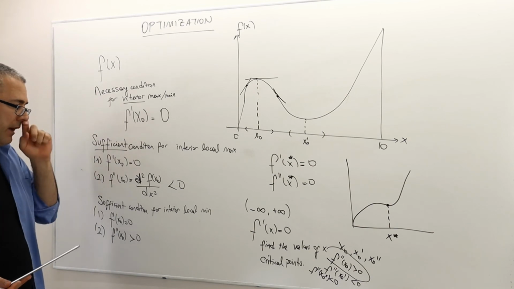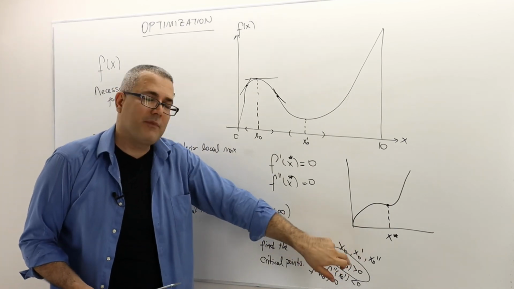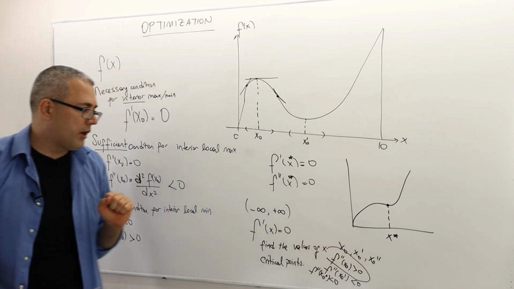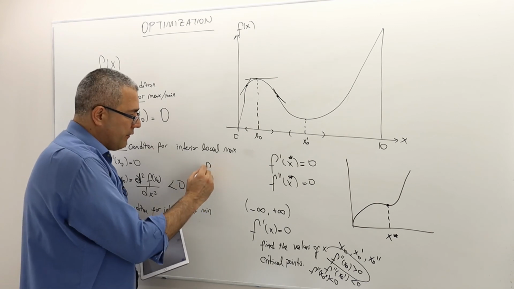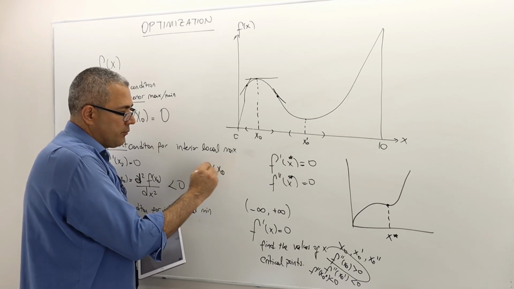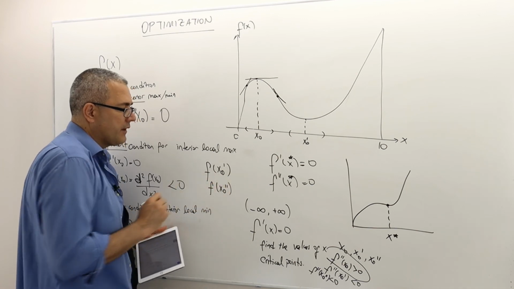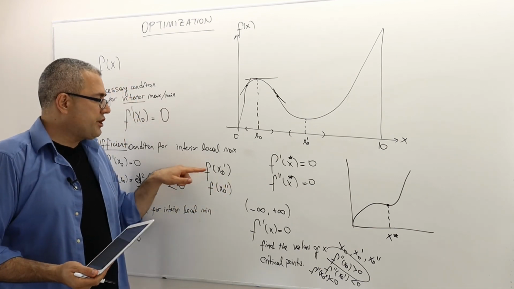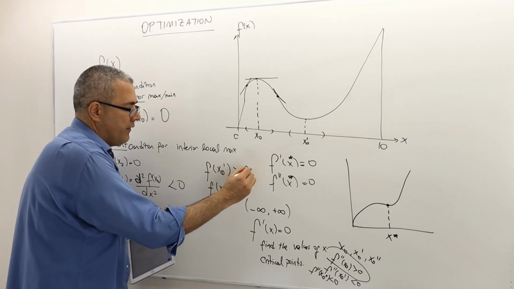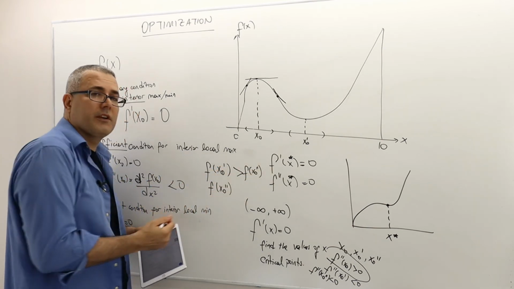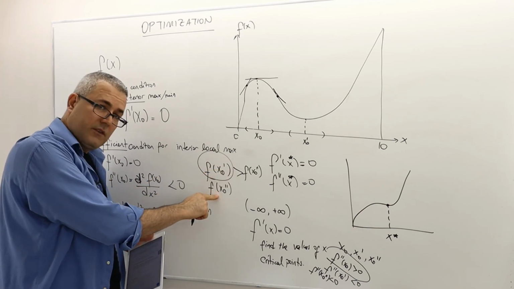So therefore, my global maximum is either x naught prime or x naught double prime. But which one? Calculate the value of the function f at x naught prime and x naught double prime, and whichever gives the highest value wins.